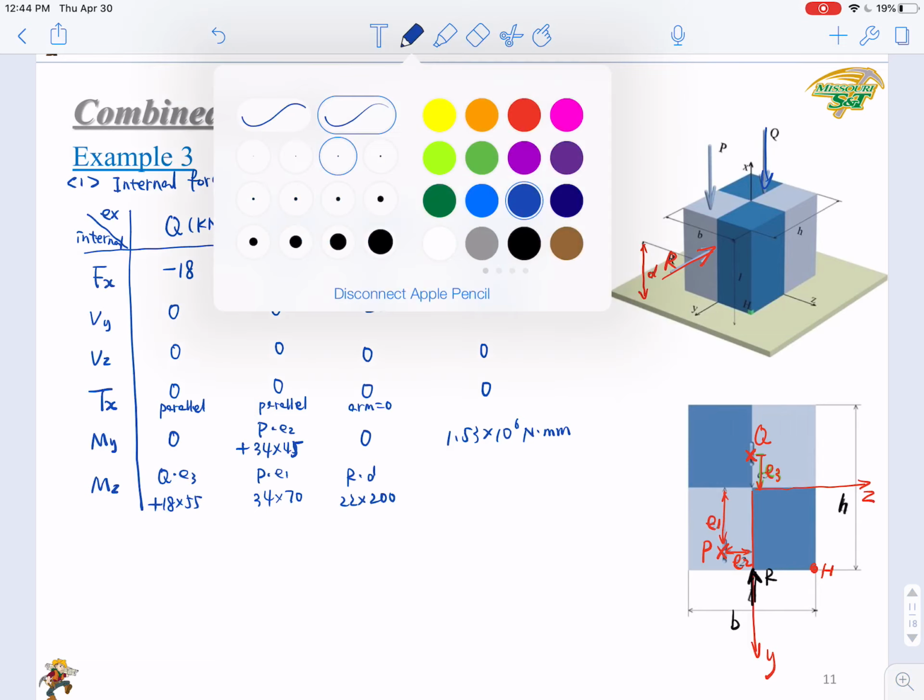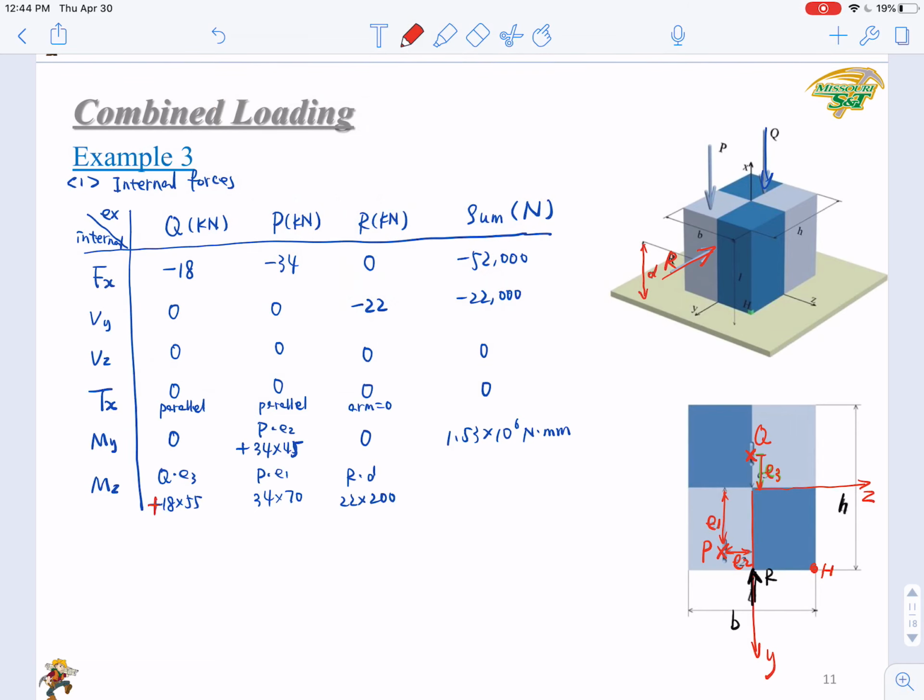And so let's use a different color. Okay, positive. The P will tend to make tension with respect to Y, but will make compression with respect to Z, right? Since we're talking about Z, you will have a negative sign to it.